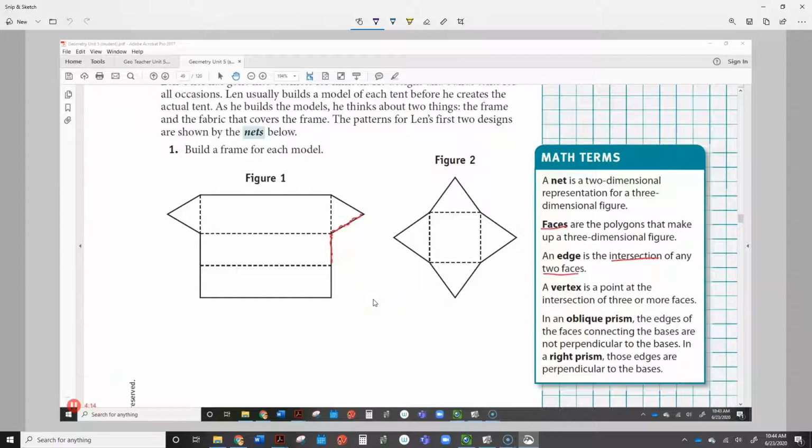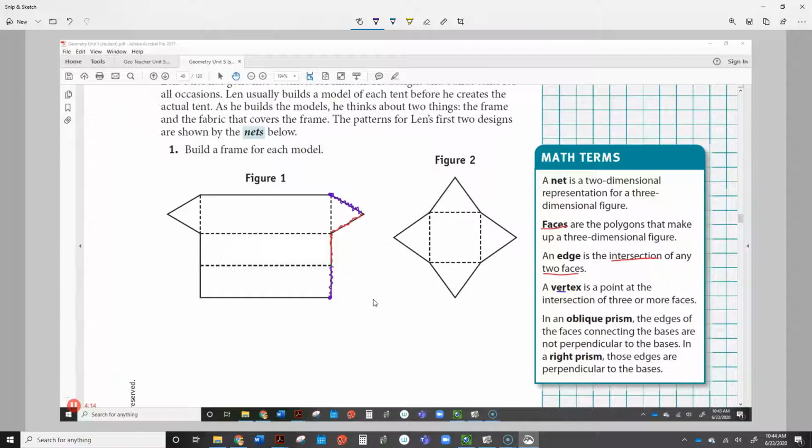So, okay, I wanted to change this. Now this piece right here will fold over and meet that piece right there. So this piece and this piece will connect. So those are edges.